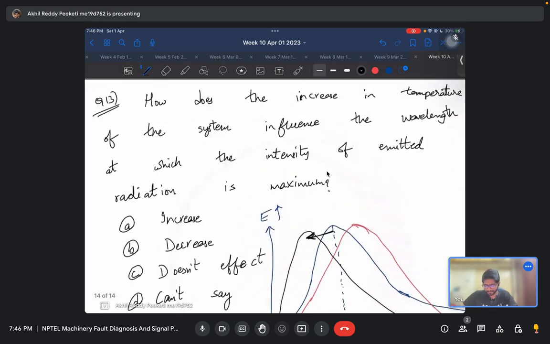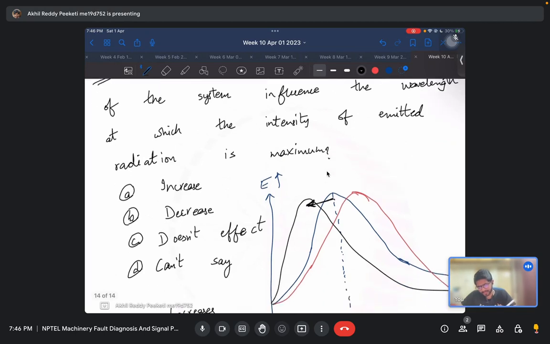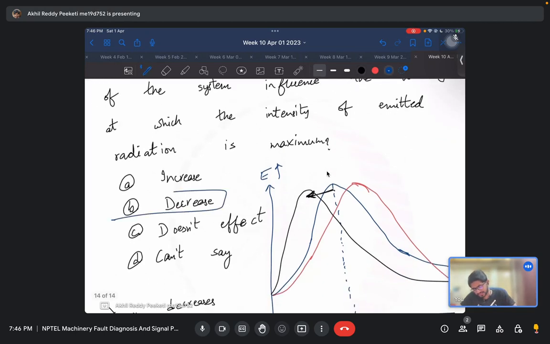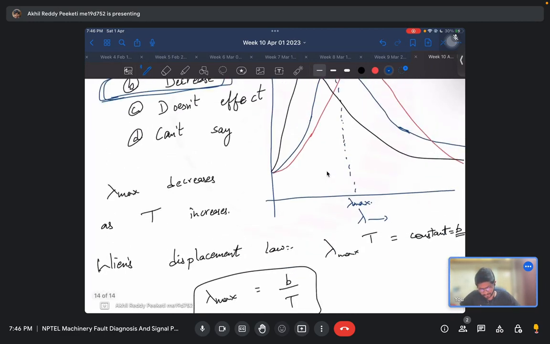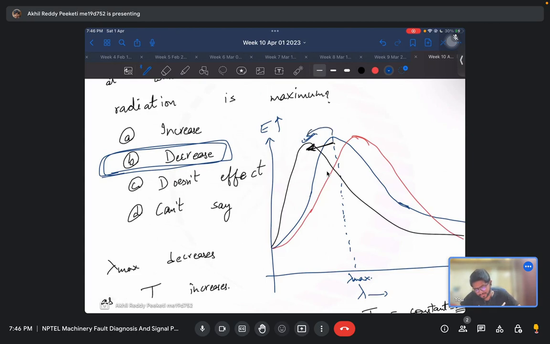So when you have an increase in temperature, the maximum wavelength at which that energy is emitted decreases when you increase the temperature. The opposite will happen when you reduce the temperature.